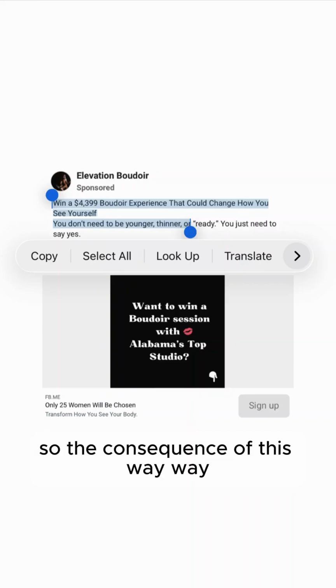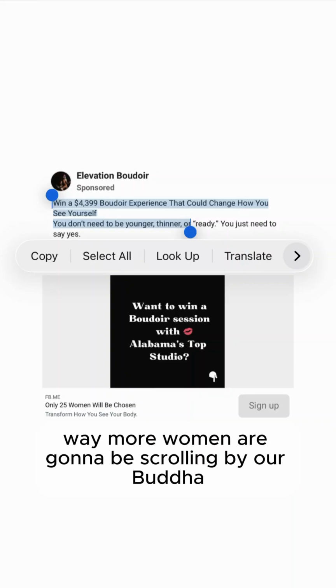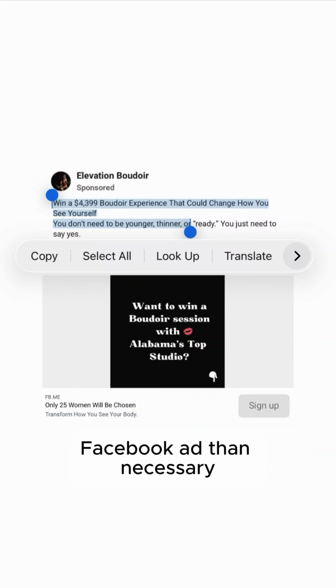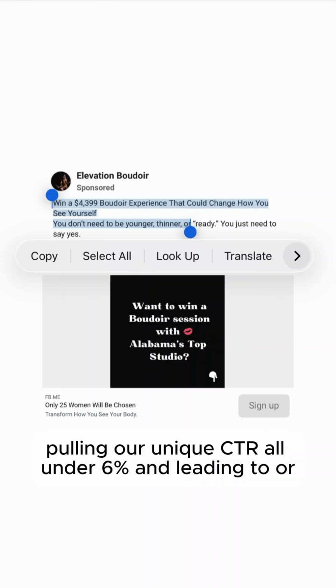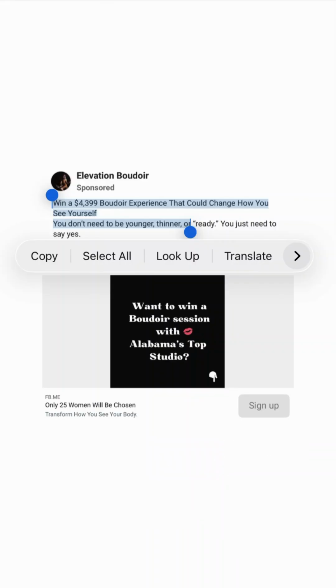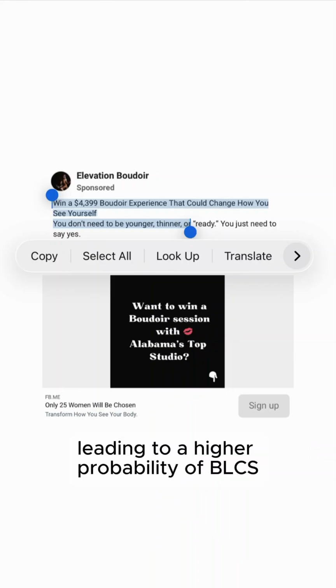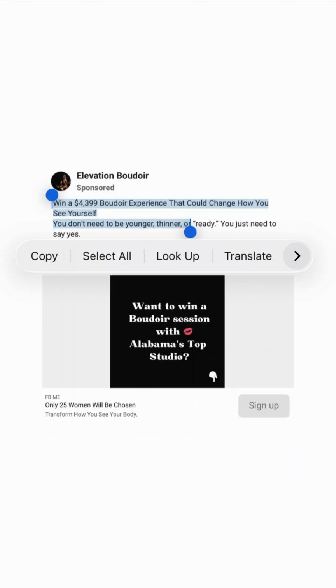So the consequence of this, way more women are going to be scrolling by our Boudoir Facebook ad than necessary, pulling our unique CTR under 6%, and leading to a higher probability of BLCS, Boudoir low click syndrome.